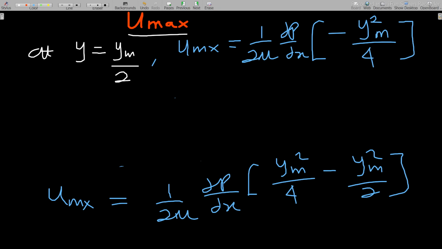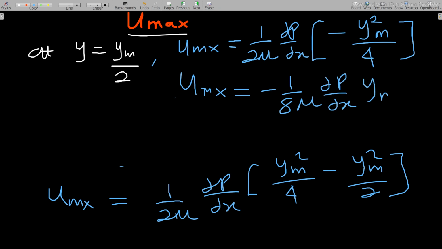Since there is a negative, I can push the negative 1 over 4 out and multiply by 1 over 2 mu, so I get negative 1 over 8 mu, del p del x, and ym squared. Some books will use y end as in the end of the height.